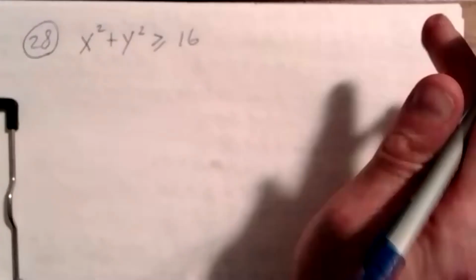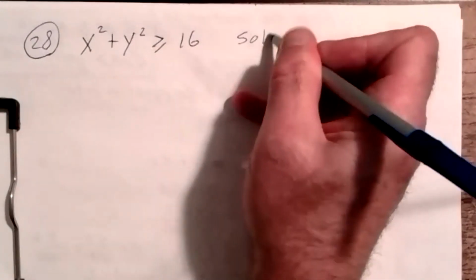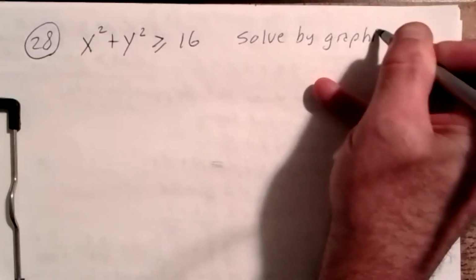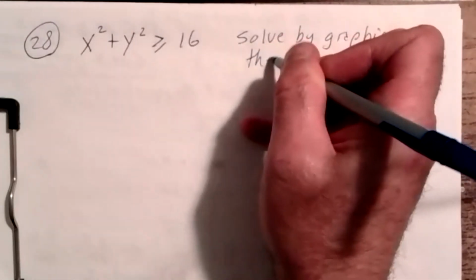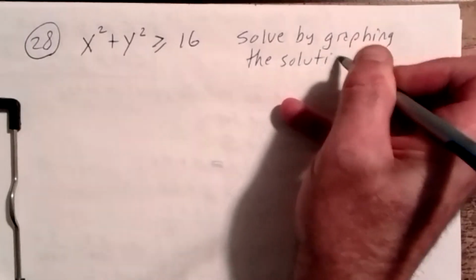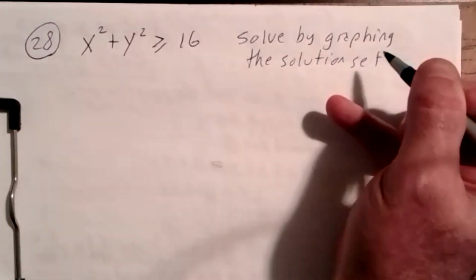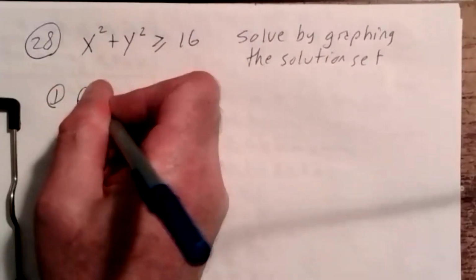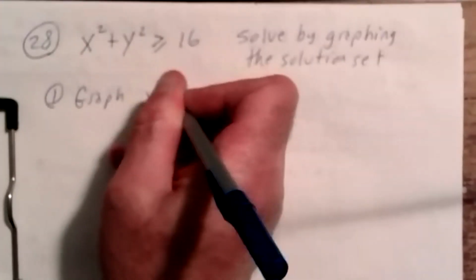Okay, so what we're going to do is solve by graphing the solution set. All right, first we have to graph the equation. Step number one, we must graph the associated equation.